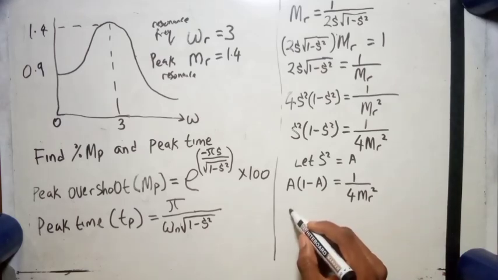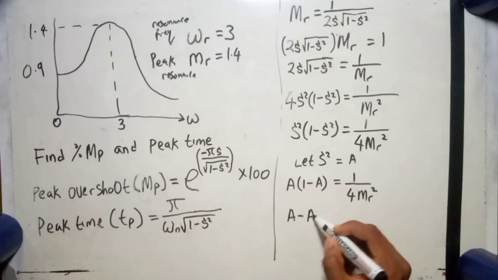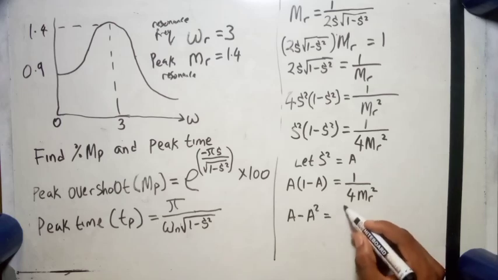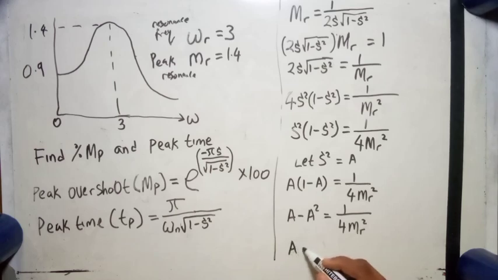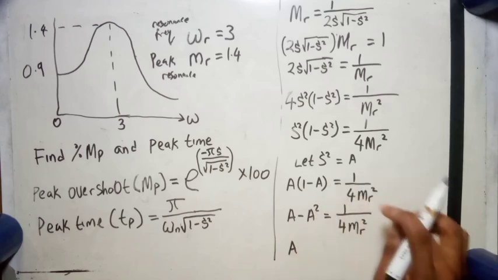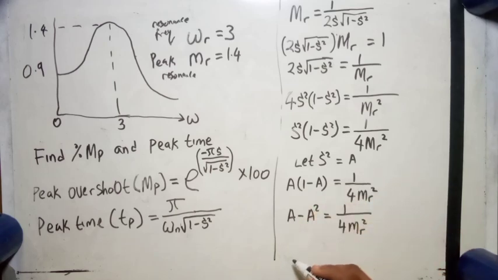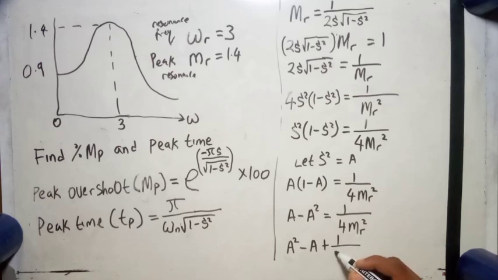Opening bracket, we have a minus a square is equal to that. Now I'm going to be taking this over to the other side. Bringing this over here, we'll have a square minus a plus 1 over 4 Mr square is equal to 0.